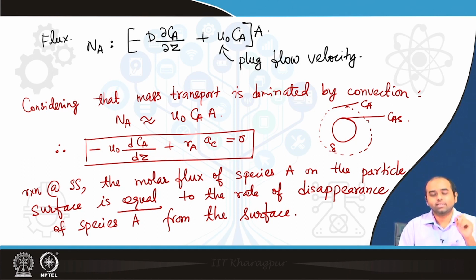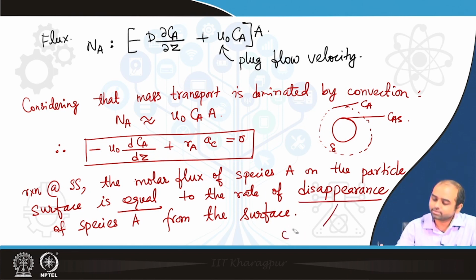In the linear driving force model, for the mass transfer on the particle surface, or the interparticle mass transfer effects, we also say the same thing, that the molar flux of species A is equal to the rate of disappearance, and there the disappearance was due to adsorption, and here the disappearance is due to chemical or catalytic reaction.